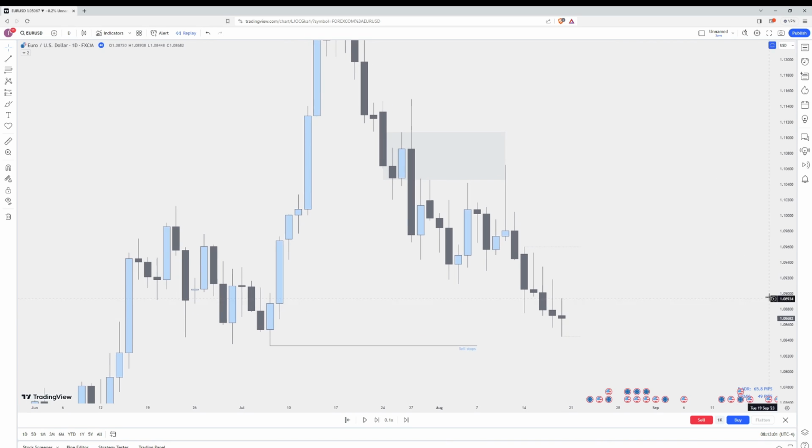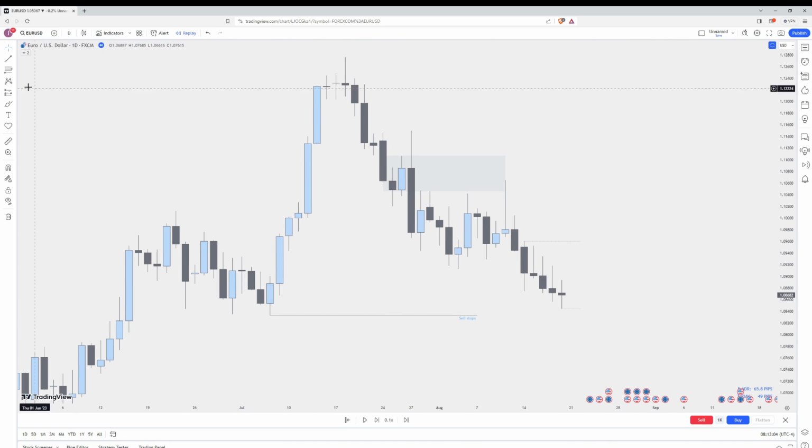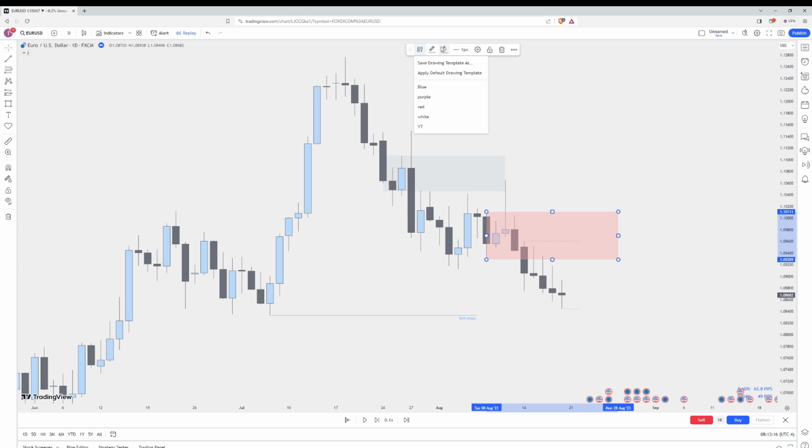Okay, so now let's mark our PD arrays. What do we have? Here we had a run on stops and then a break lower, making this our breaker block. Okay, we had an inefficiency in here. Let's draw that out, just above Monday's high.